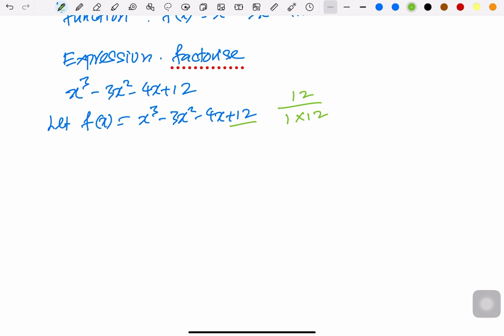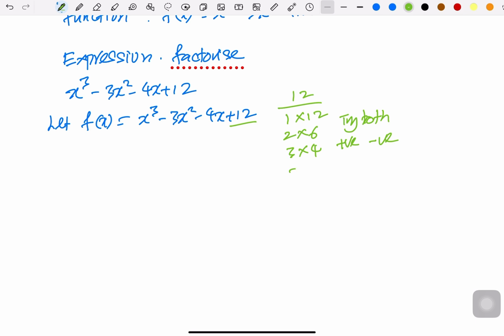So we list it down by trying both positive and negative of the factors, which is 1 and negative 1, 2 and negative 2, 3 and negative 3, 4 and negative 4, 6 and negative 6, 12 and negative 12, to see which one will give you the first factor. But with the calculators you have now, you're able to get the first factor.